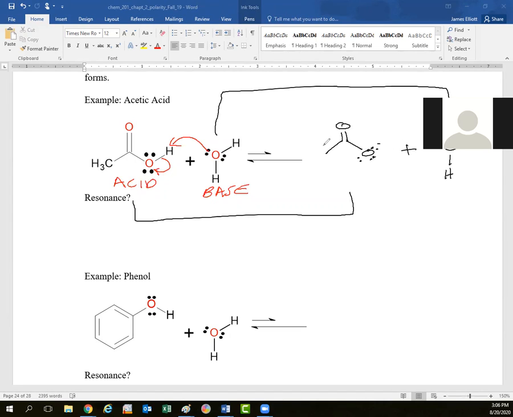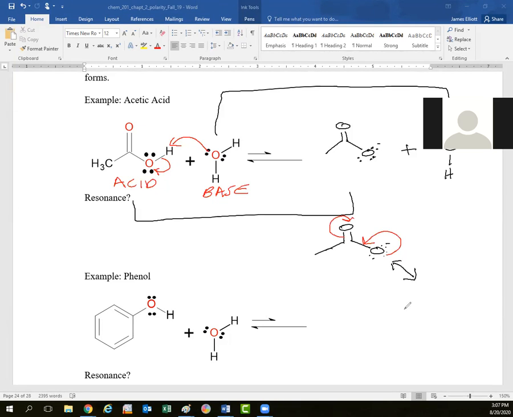We can show some stability of that conjugate that's formed through resonance. There's our hot spot, the negatively charged oxygen. And so with a pi bond next door, those electrons, or one of the electron pairs, can swing in, and we pop those electrons out to the oxygen, and we produce a resonance structure.